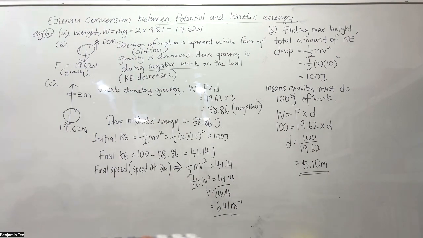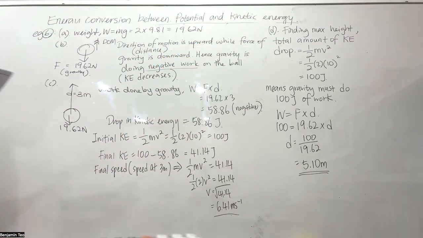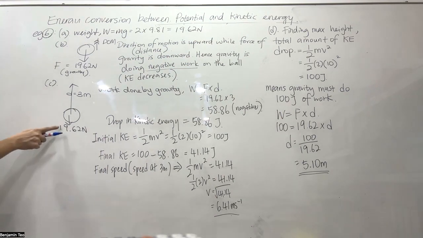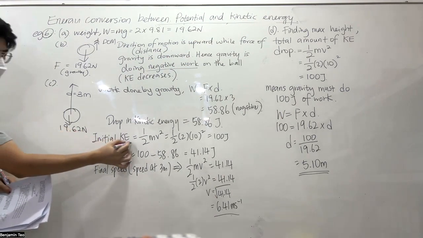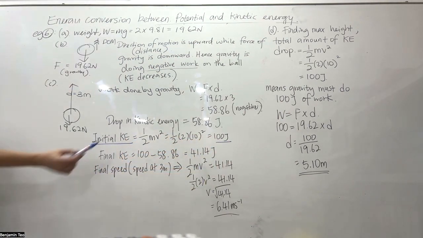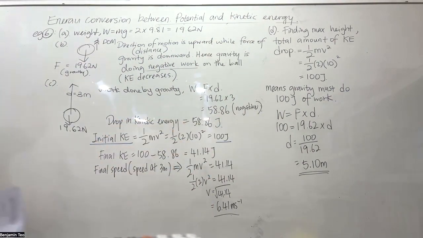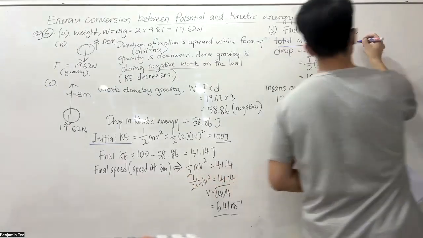Okay, last one is finding the max height reached by the object. To reach max height, your initial kinetic energy is 100 and must all convert to potential, right? That's why I say total amount of KE drop.